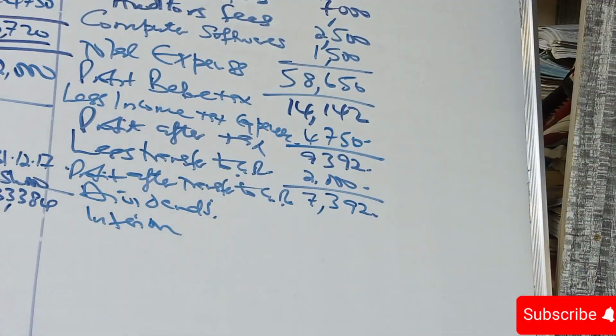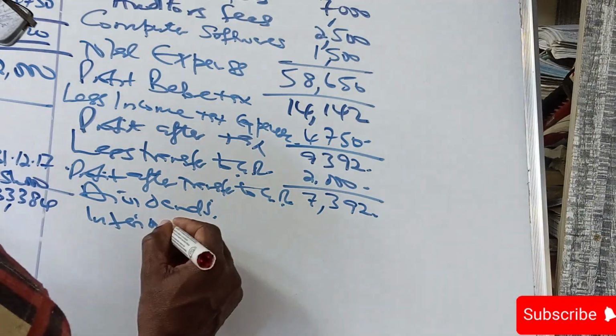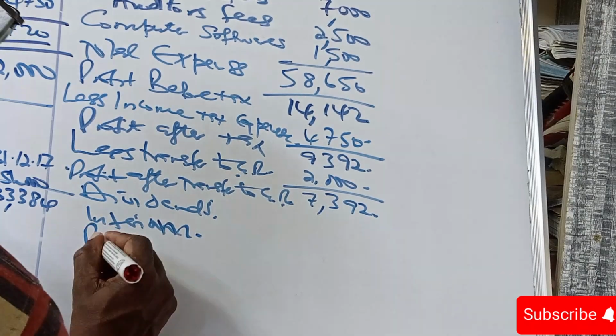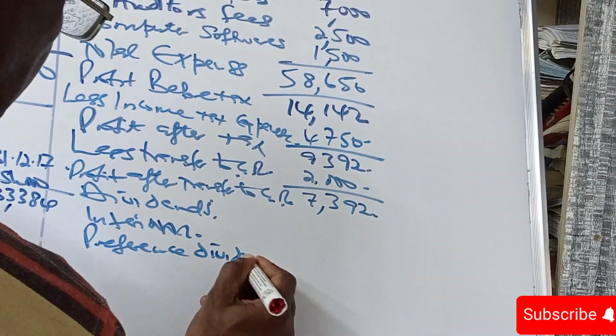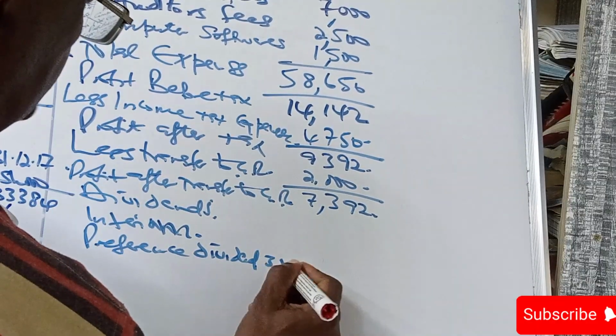If you look at the trial balance, we have interim preference dividend paid. From the bottom, the third item, it is 320. That one was paid in the middle of the year.